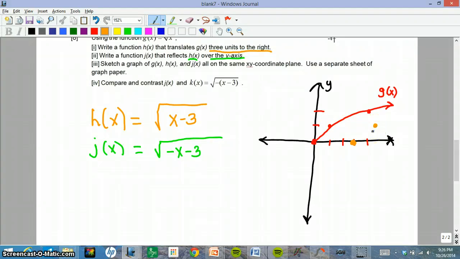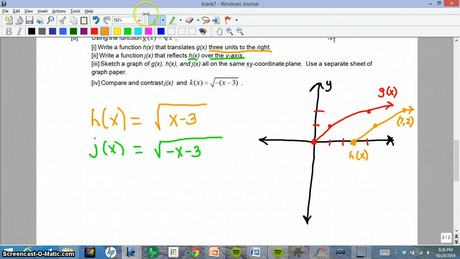And unfortunately, this last guy is probably not going to fit for me, but 4, 2, 3 to the right would be 7, 2. As best I can there, I'll call this the point 7, 2. Again, you use graph paper to look a lot better than this. And this should be h of x.